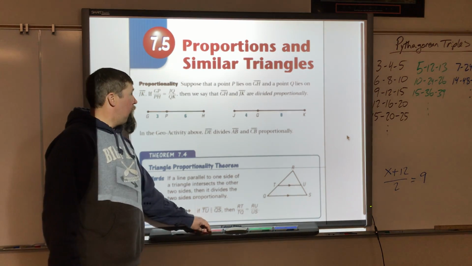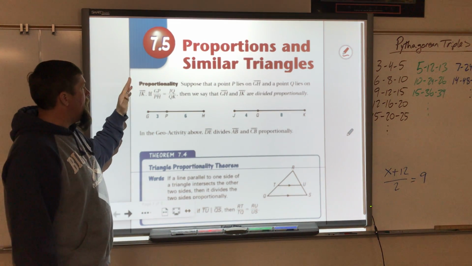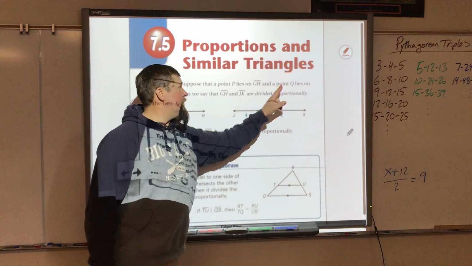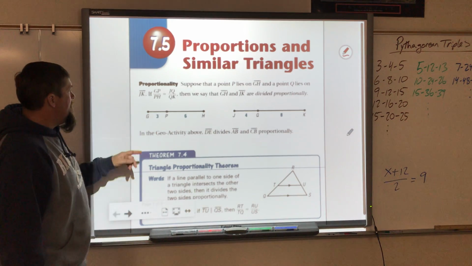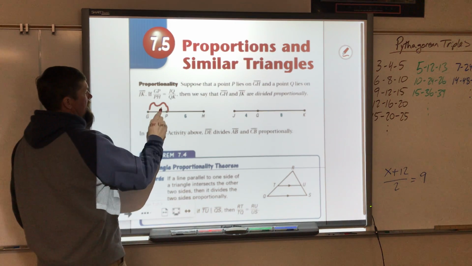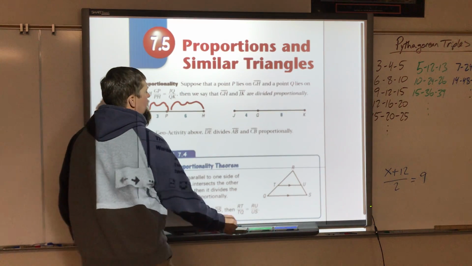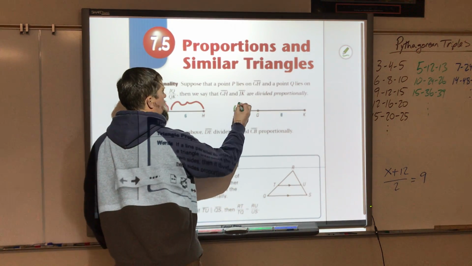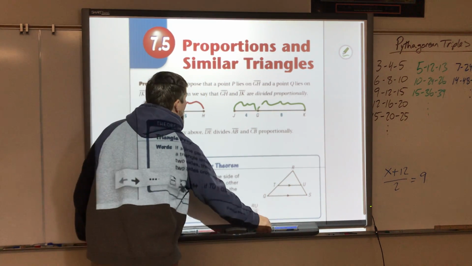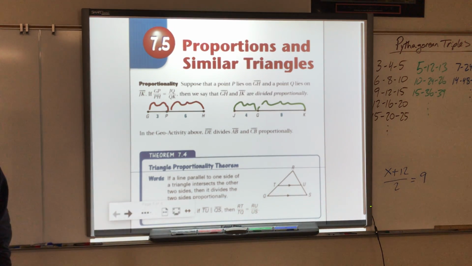So let's start with proportionality. We already talked about proportionality. When we say that a point P lies on GH and a point Q lies on JK, if GP is proportionate to PH and JQ is proportionate to QK, then we say that GH and JK are divided proportionally.